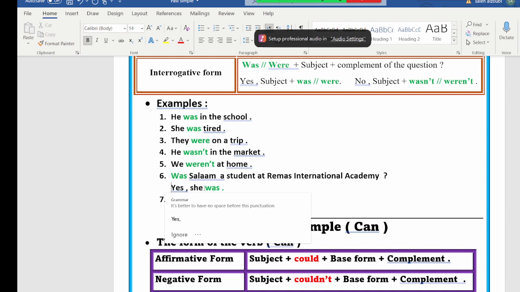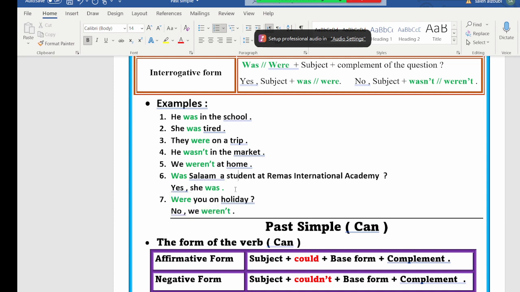The next one: Was Salam a student at Rيماس International Academy? Yes, she was. Or we can also say no, she wasn't.